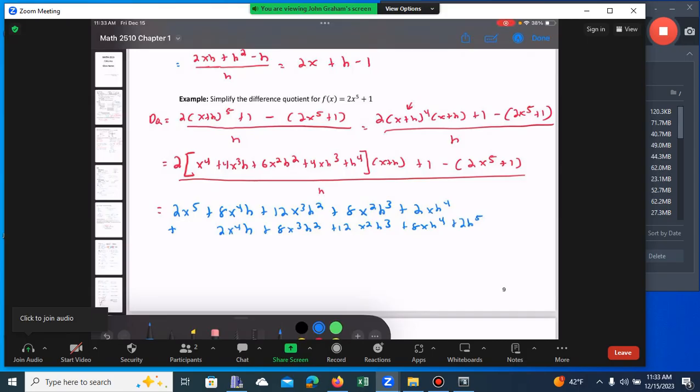And then all this will be not only divided by h, so we'll be subtracting 2x to the fifth minus 1.